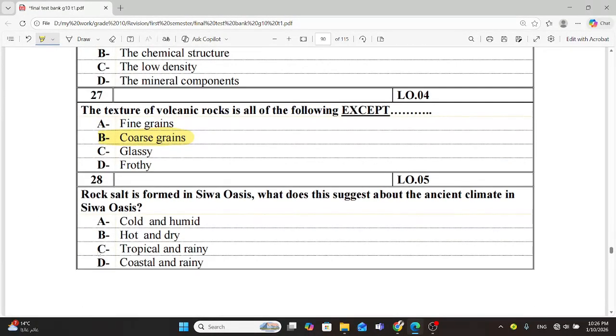Rock salt is formed in sewer osses. What does this suggest about the ancient climate? Cold and humid, hot and dry, tropical and rainy, or coastal and rainy? No, hot and dry.